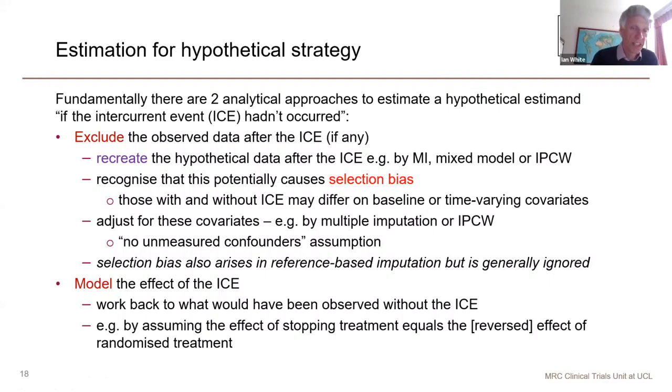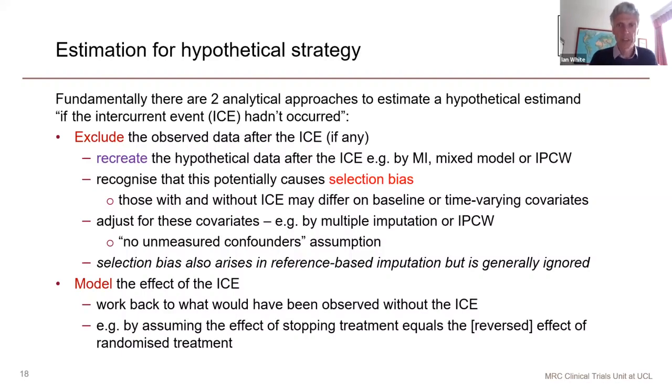Of course, there may not be any, but if there are data, it's been said previously, well, they're not relevant to this, so you would exclude them or not even collect them in the first place. And then the idea of analysis, and I'm going to go through this in a few more slides, the analysis would try to recreate the data that would have been observed hypothetically if the intercurrent event had not occurred.